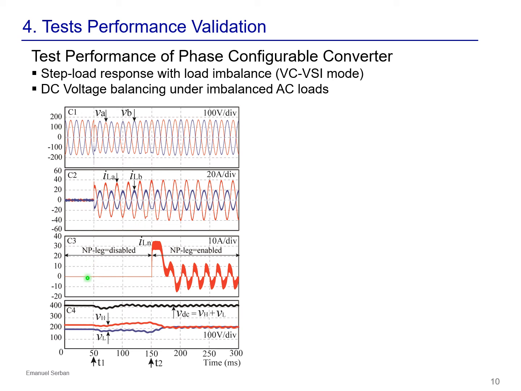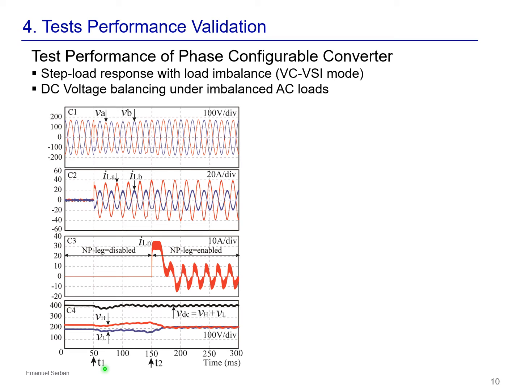Channel 3 shows the neutral point leg current, and lastly channel 4 shows the DC input high side and low side voltage of the converter. At the moment T1, a step load is applied with the phase imbalance between phase A and phase B.